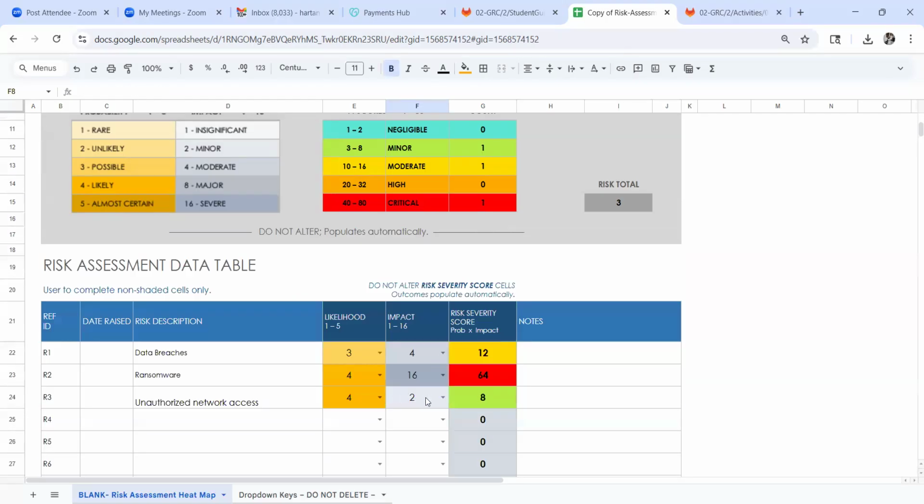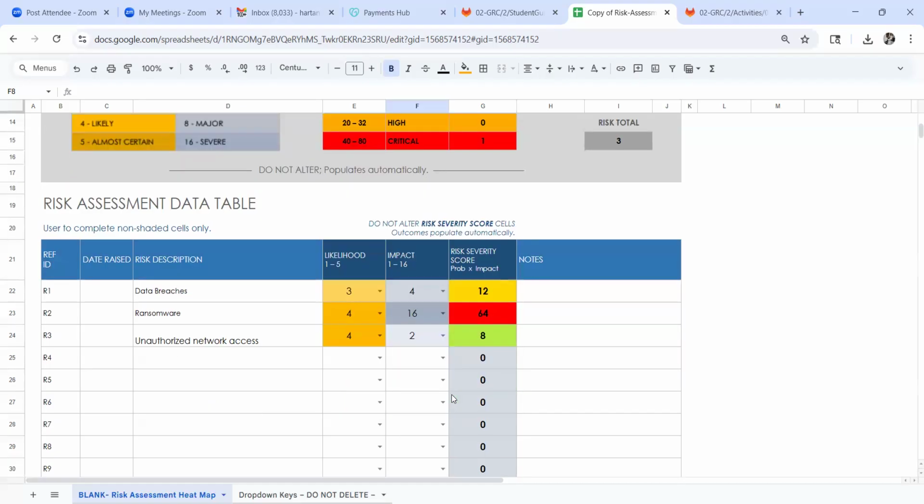The score 1 to 80 is used to map the categories of marginal, noticeable, severe, and catastrophic. Note that this spreadsheet does not require you to exactly calculate asset value, exposure factor, SLE or ALE. You should estimate the ALE directly and use it to determine the impact rating.